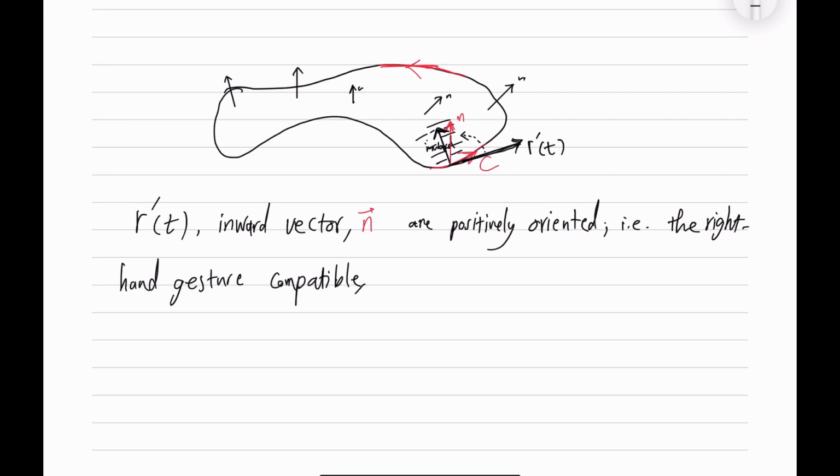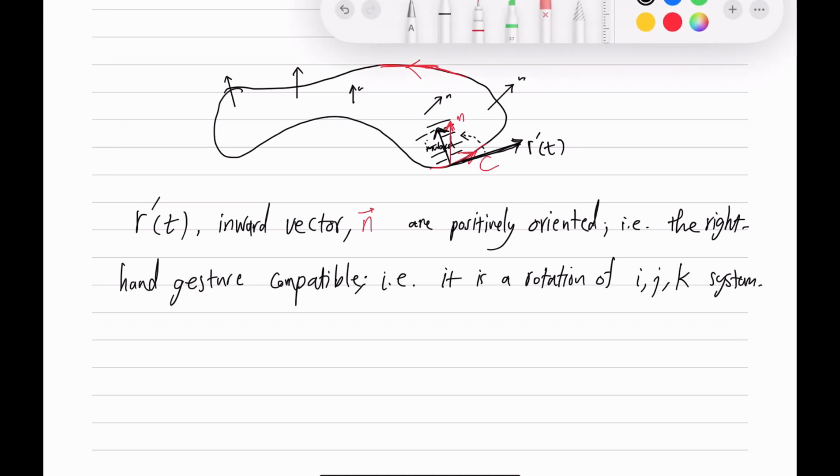Another way of saying that is that it is a rotation of the ijk system of vectors. So in this case, let me use a blue color here.